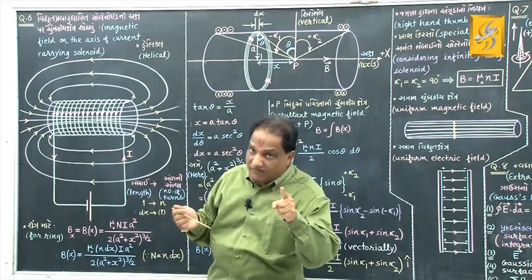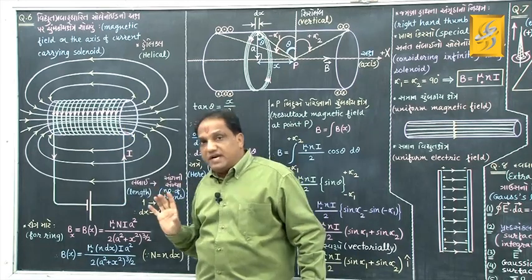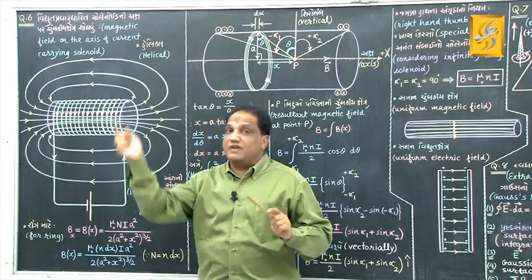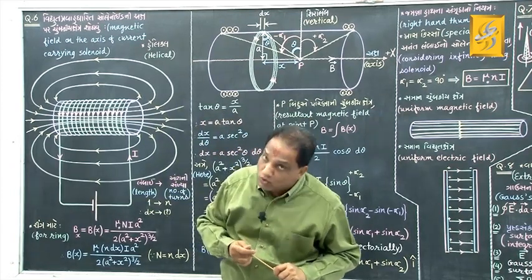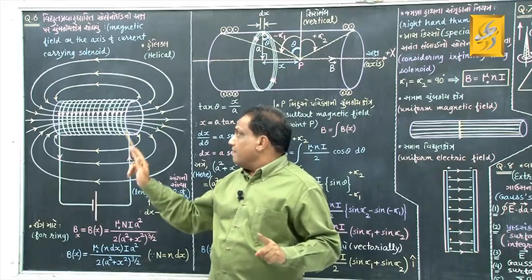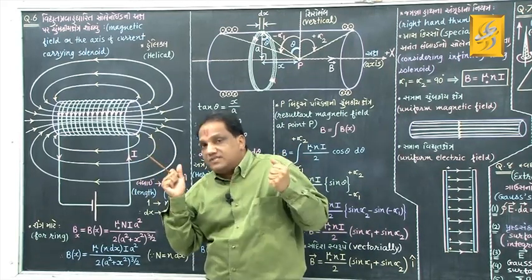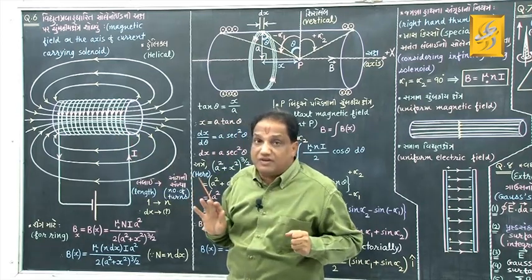Yes, you are going to get magnetic field not only inside the solenoid of some finite length, but you will have magnetic field outside the solenoid also. Now here that magnetic field has some definite shape of magnetic field lines which I have shown in the figure.